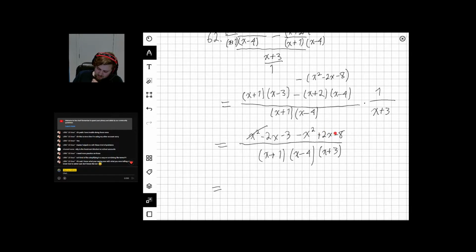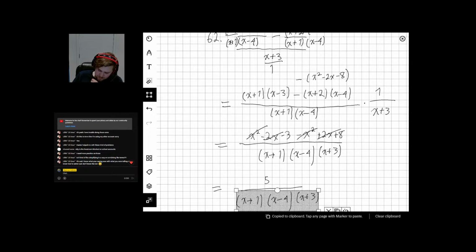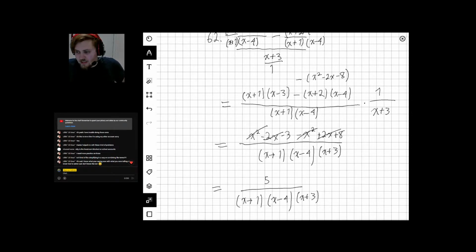Negative, positive, positive. Okay, that's important. So then x squared cancels with negative x squared. 2x cancels with negative 2x. And minus 3 plus 8 is 5 over, well, this mess. I don't care to multiply it out. Besides, I think it looks neater in factored form.